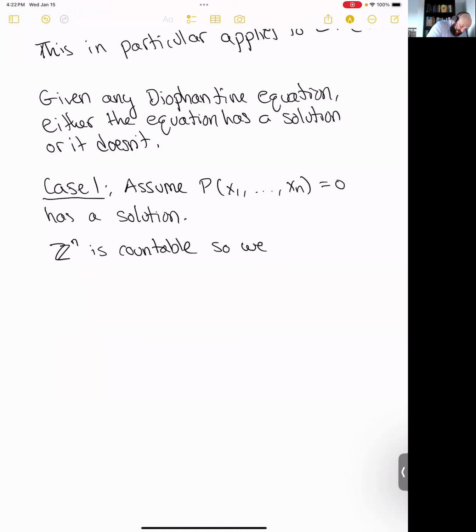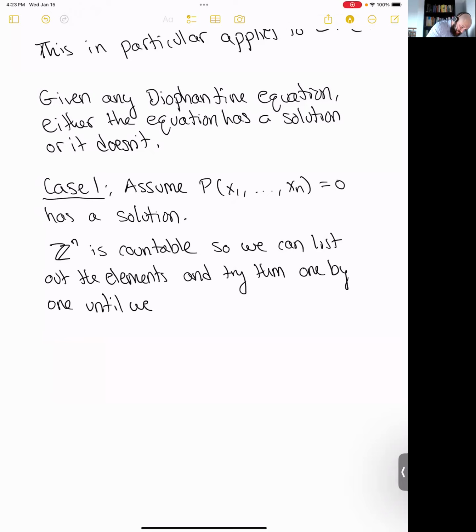So we can list out the elements and try them one by one until we find a solution. Yeah, we just keep listing them out one by one. And eventually, if a solution exists, we'll find it, right? Now, that's not an elegant proof at all. It's a brute force proof.